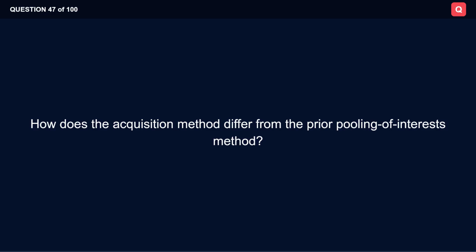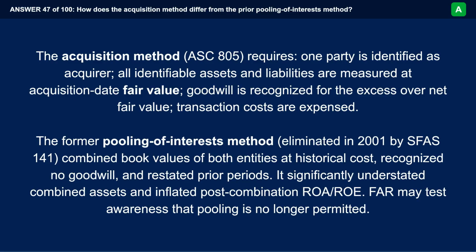How does the acquisition method differ from the prior pooling of interests method? The acquisition method, ASC 805, requires one party to be identified as acquirer. All identifiable assets and liabilities are measured at acquisition date fair value. Goodwill is recognized for the excess over net fair value. Transaction costs are expensed.